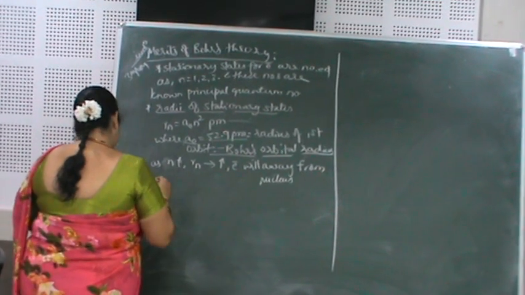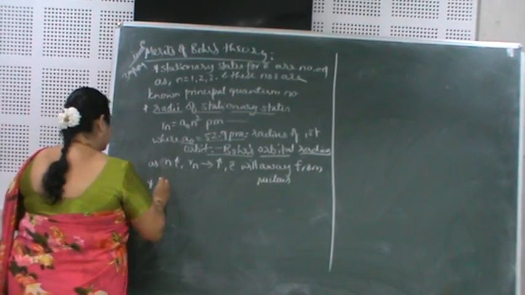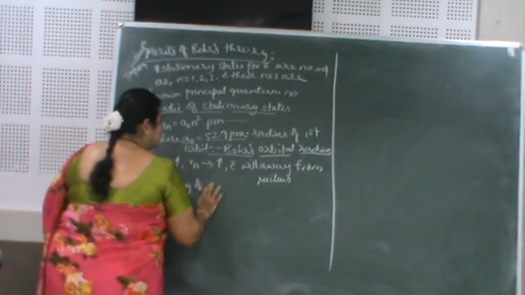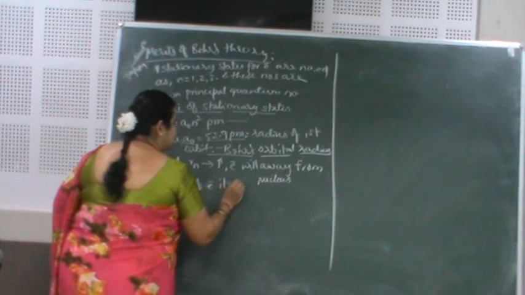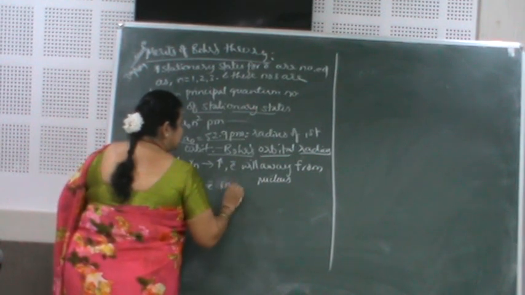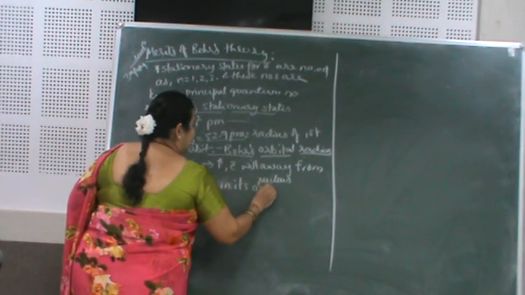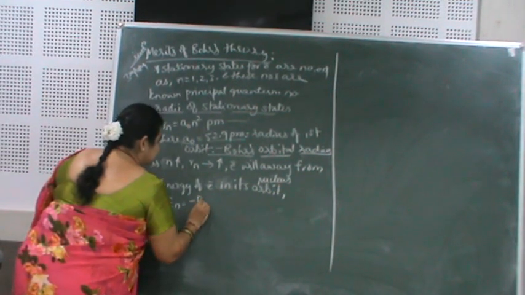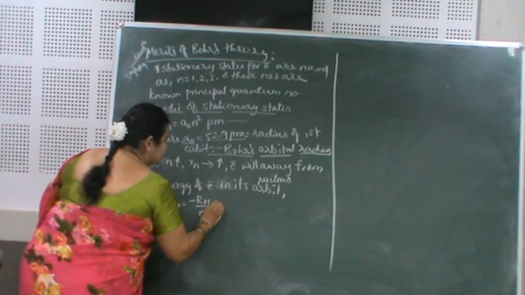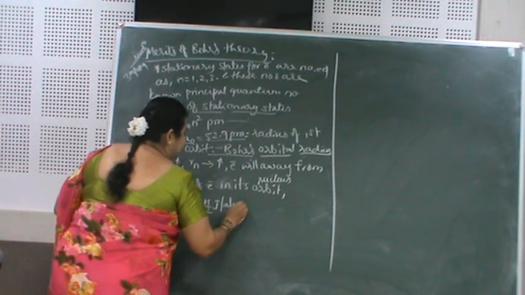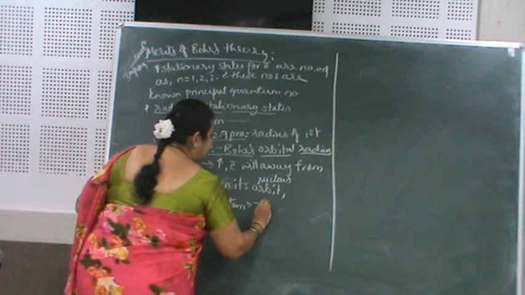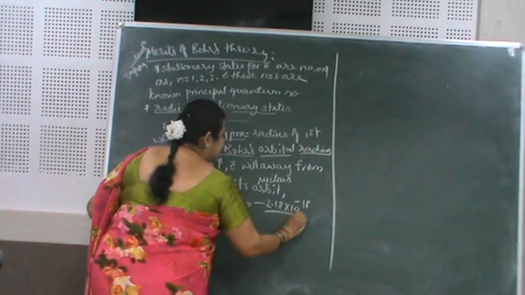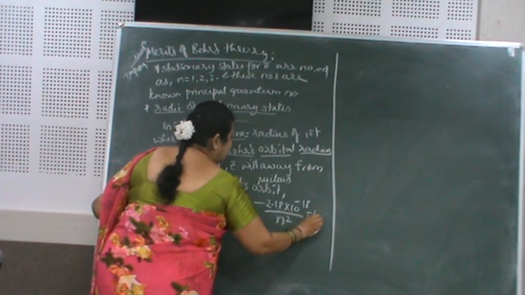Now the third merit of Bohr's theory. The most important property associated with the electron is the energy of the electron in its orbit, and that is given by the relation En is equal to minus RH divided by n square joule per atom, which is equal to minus 2.18 into 10 raised to minus 18 divided by n square joules per atom.